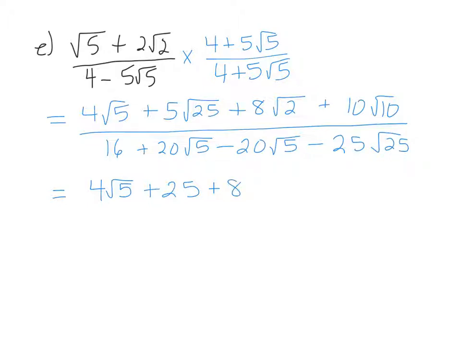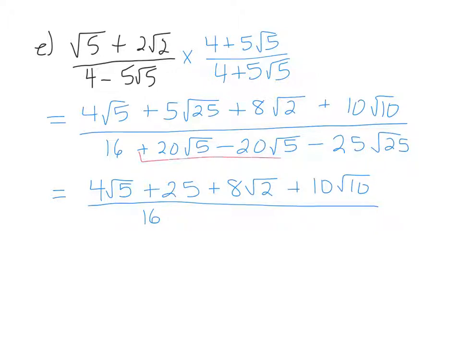8 root 2 can't be simplified. 10 root 10 can't be simplified. In the denominator, 16, those two middle terms are gone, right? They cancel each other out. And then 25 times root 25, negative 125.